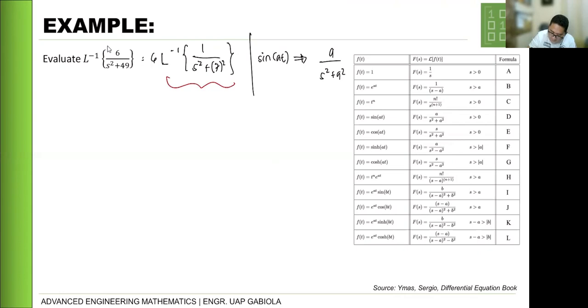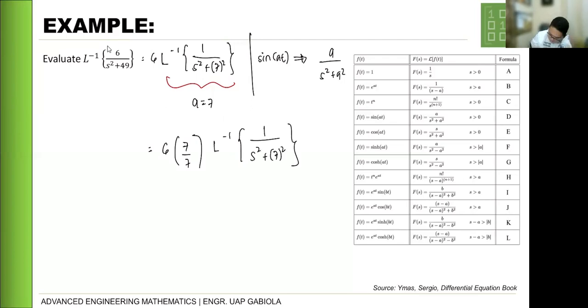A value of a is equals to 7. So, kailangan natin ng 7. We need 7 on the numerator to convert it back to the function sine. Okay? So, we need 7. To do that, we need to introduce again a value. So, we can plug it here, 7 over 7, L negative 1, 1 over s squared plus 7 squared.